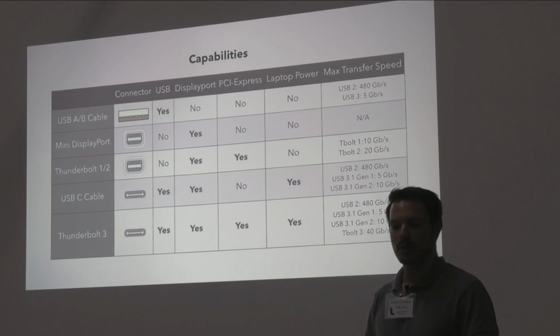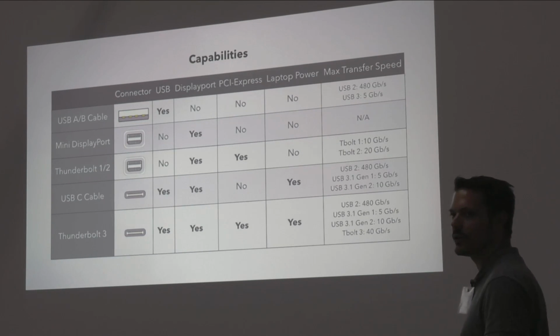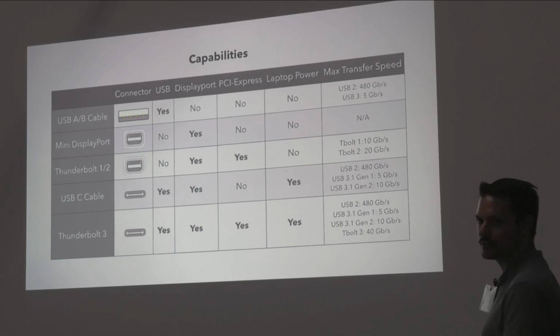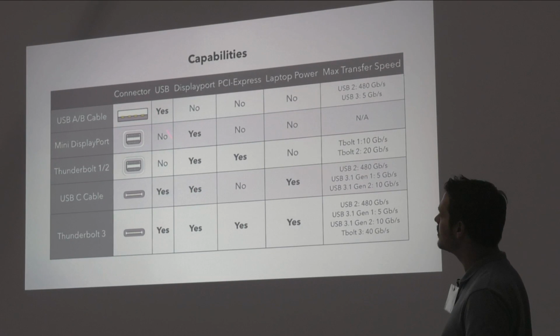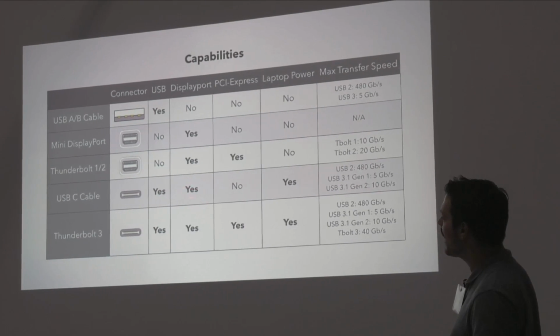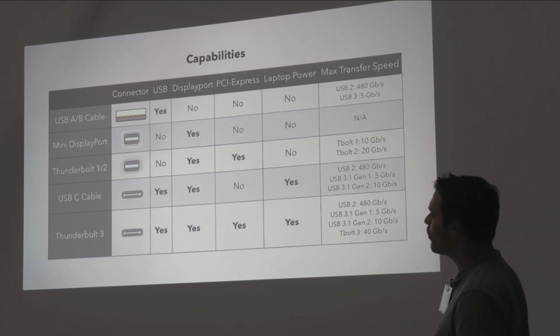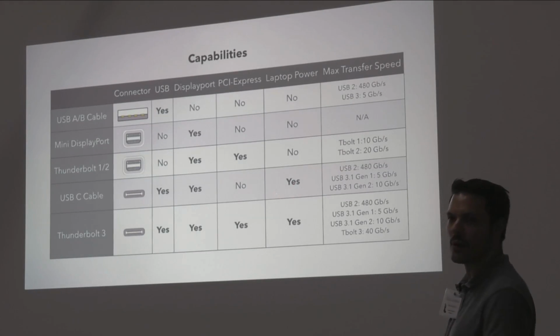So for example, you could buy a USB-C cable that only has USB 2, nothing else. You could buy a USB-C cable that only has, well, it's not very common, but you could buy one that only has DisplayPort. Or you could buy one that only has USB 2 and enough to power your laptop.